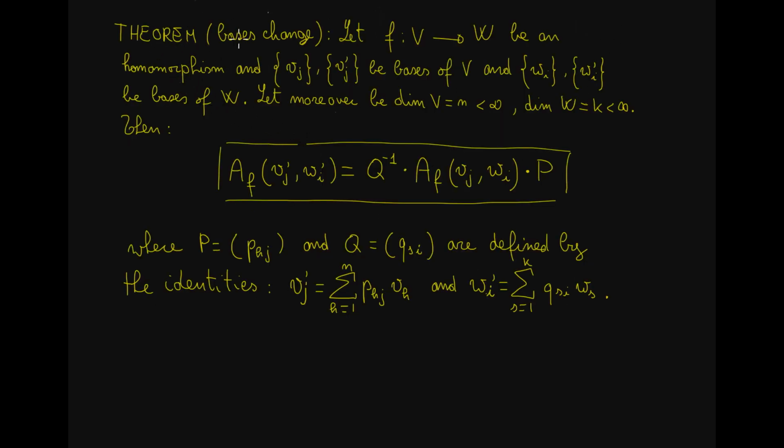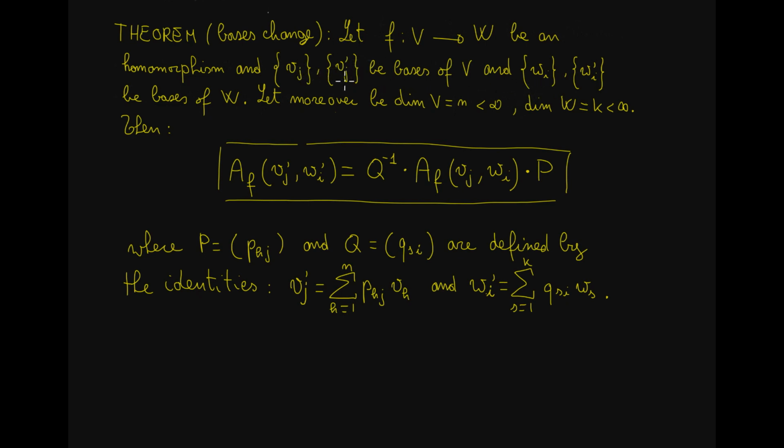Theorem, which we will call basis change theorem. Let f be a homomorphism. Now we fix two bases of the domain and two bases of the codomain. The first basis we will use the same notation as before. Therefore, they will be called Vj and Wi.